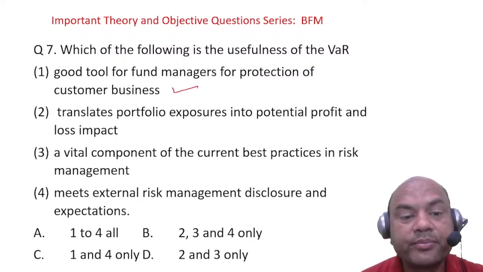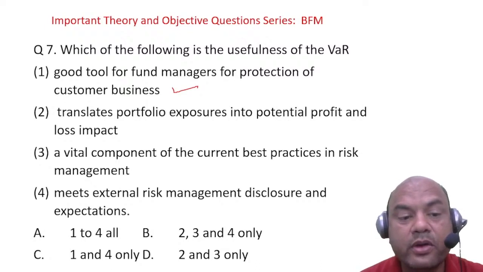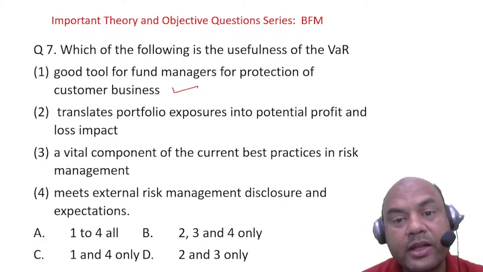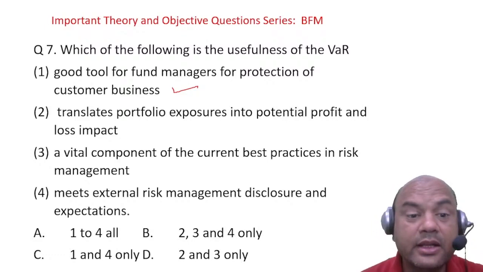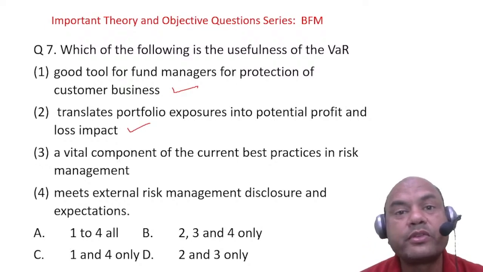What about the second? Translates portfolio exposure into potential profit or loss impact. How much can be the profit, how much can be the loss by the fluctuation of that Reliance share by 5% here and there? Definitely I can predict, right? How do the banks predict that this year our profits will be around this?